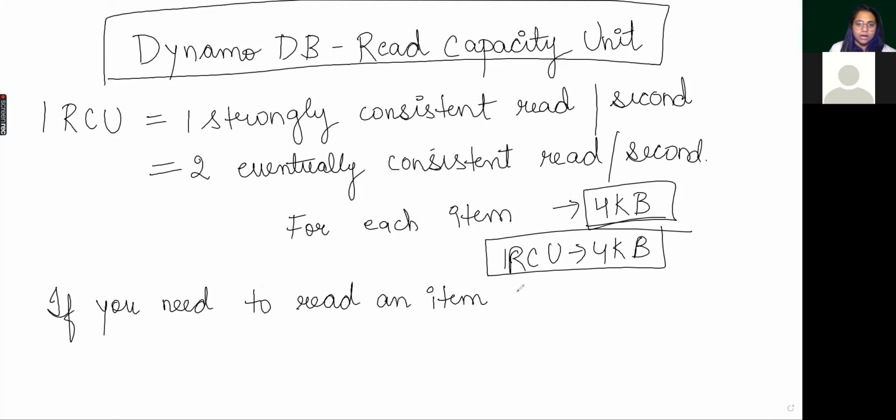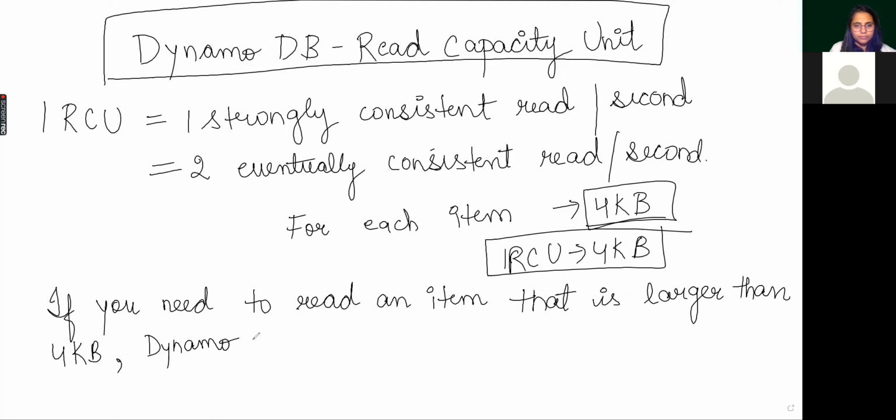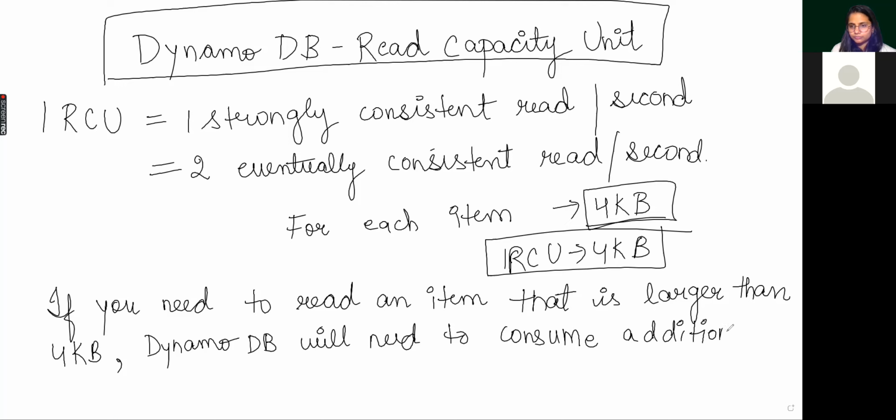To read an item that is larger than 4 KB, DynamoDB will need to consume additional RCU. This is very much clear.